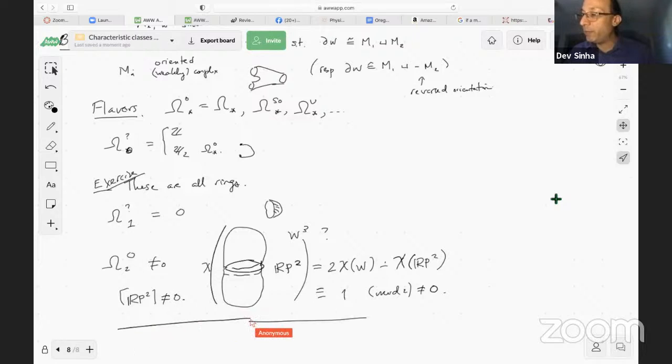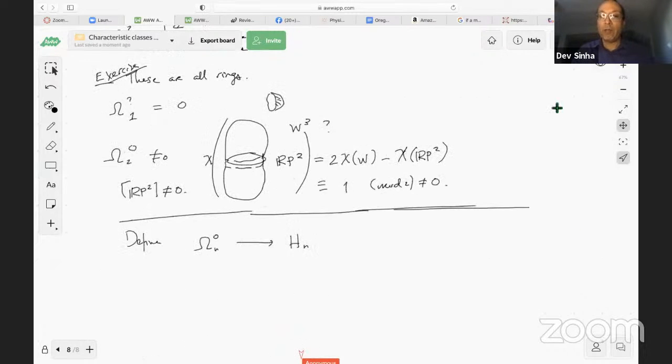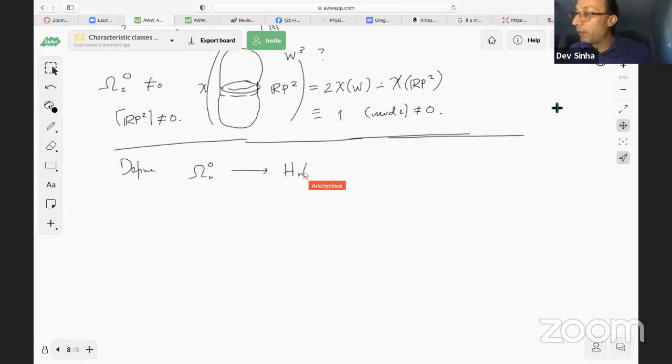So in fact, we can define something from the unoriented Bordism ring to the nth homology of the Grassmannian of n planes in R infinity, say, with Z mod 2 coefficients.